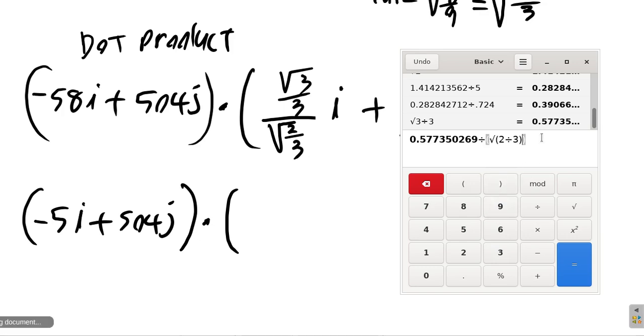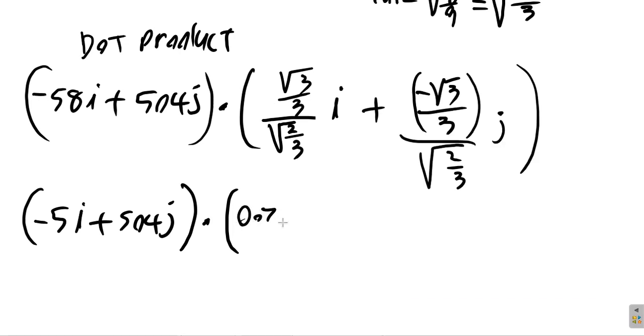The bracket should be here. The square root of open bracket. So this other bracket wasn't necessary. And this other one. So we have the top part over the square root of 2 over 3 equal 0.707.